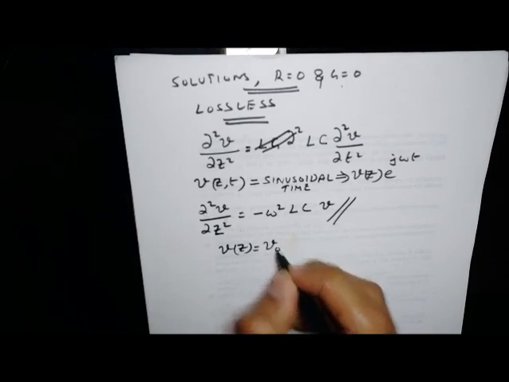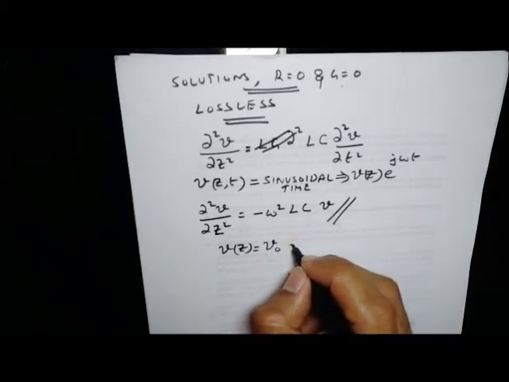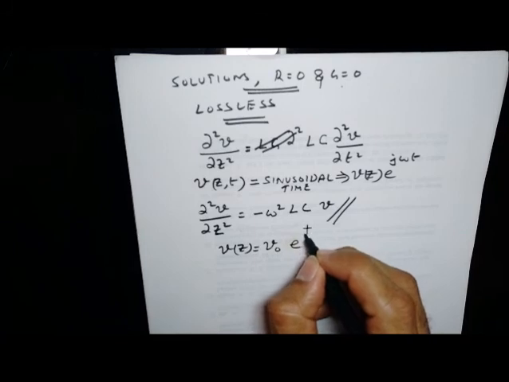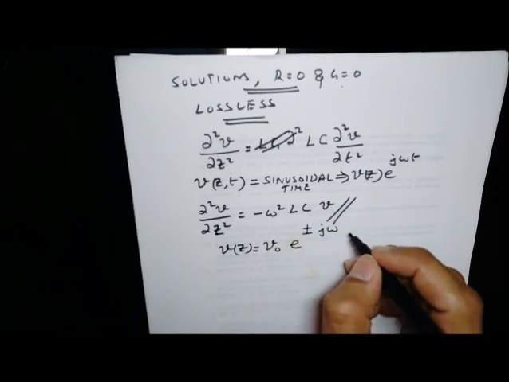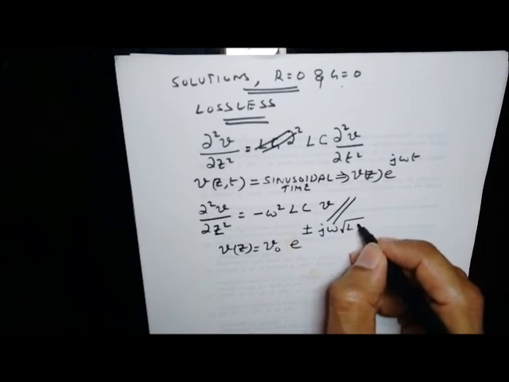And the solution to this is very simple, as you know. V naught, which will be the constant, e raised to plus or minus j omega root LC z.